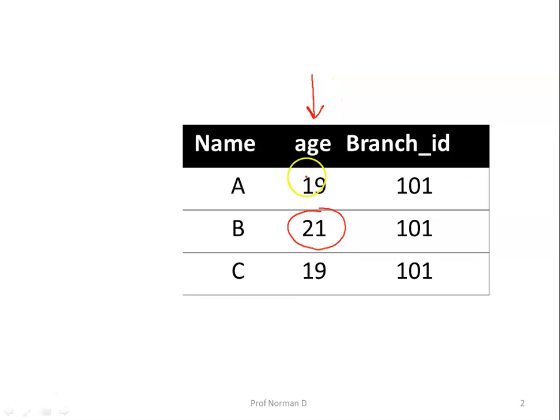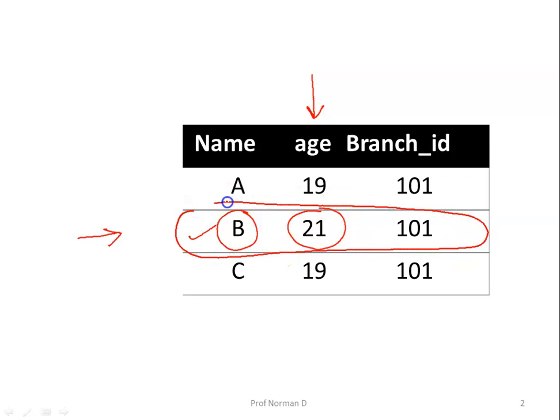Now all the columns have names. If I want to pick up a row, if you look at this particular table, there is no name given to a row, but still I should be in a position to gather information. Let's say in this case, if I want to pick up information about B, I will say pick up that particular tuple where the value of name is B. So in this case, I will be able to get this particular set of information.